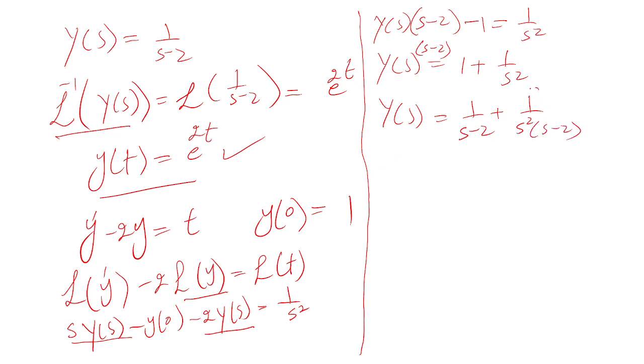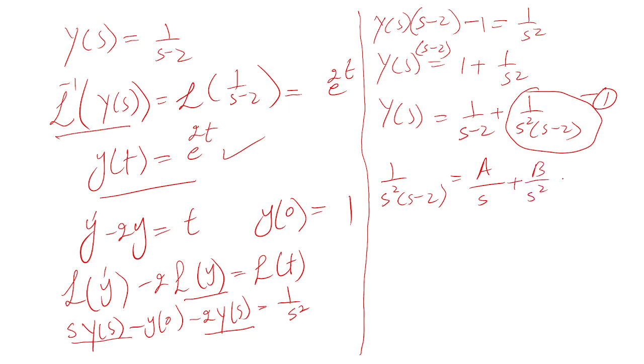Now we have to split this term by partial fractions. So this term, s square into s minus 2, name this as equation 1. So by partial fractions we do it this way: a over s, b over s square, and c over s minus 2.